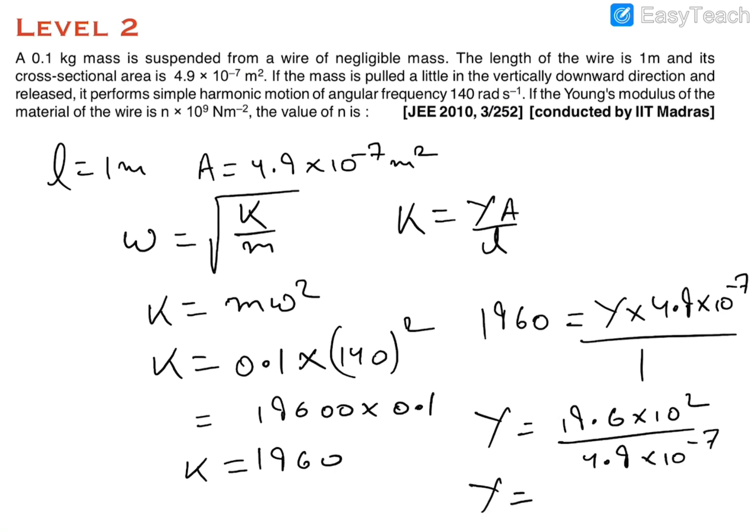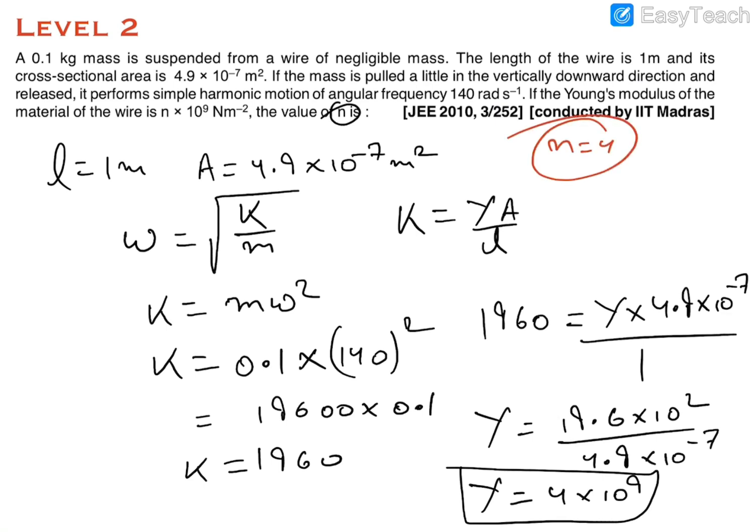So gamma is equal to 4 into 10 raised to power 9. This is the value of gamma. So the value of n in this case would be 4. So n is equal to 4. Now we move on to the next question.